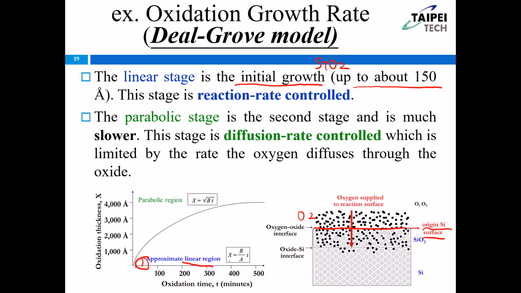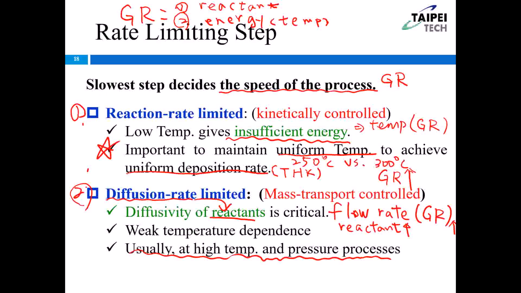And at the first moment we have a lot of oxygen on the silicon wafer surface. So right now we have a lot of reactant, the oxygen. Just like the first mechanism, we have a lot of reactant, so the growth rate is determined by the temperature.